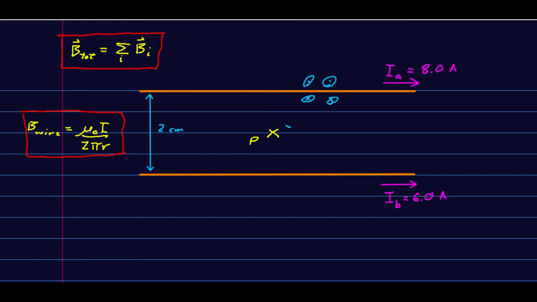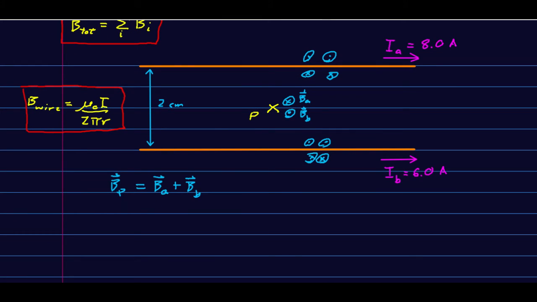And so there is a field that I'll call BA into the page at point P. Similarly, for this bottom wire, there's a field out of the page that I'll call BB. And so our B total at P is just the vector sum of BA plus BB.